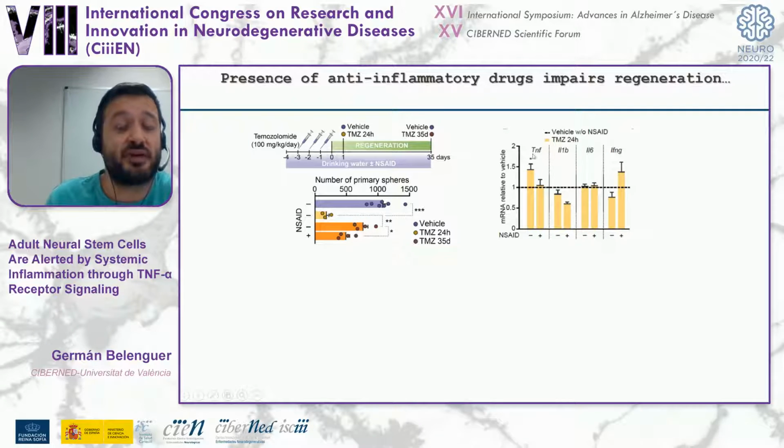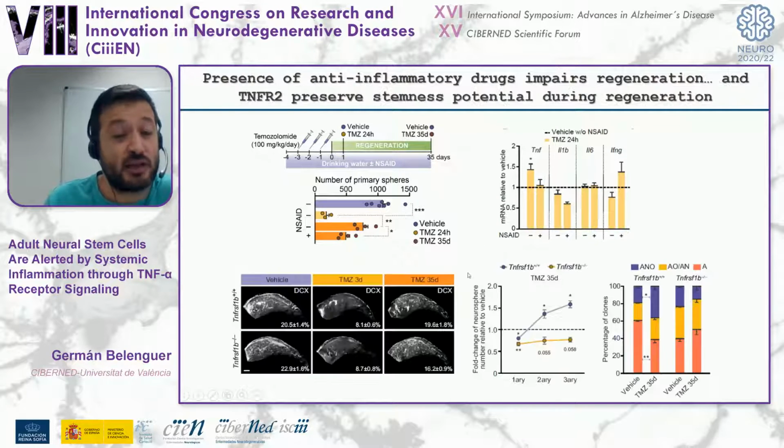Interestingly, during this regeneration there is a peak of upregulation of TNF-α that is blocked by the anti-inflammatory drugs. Additionally, if we apply the same regeneration paradigm to TNF-α2 knockout mice, these mice are completely fine to restore neuroblast production. It's not a problem to regenerate the production.